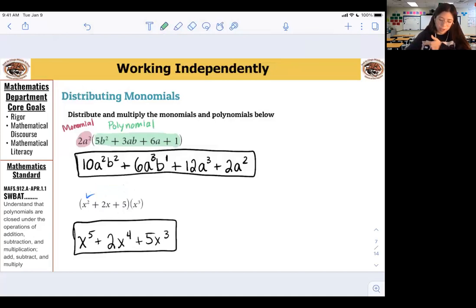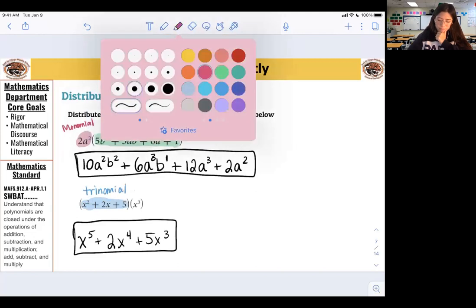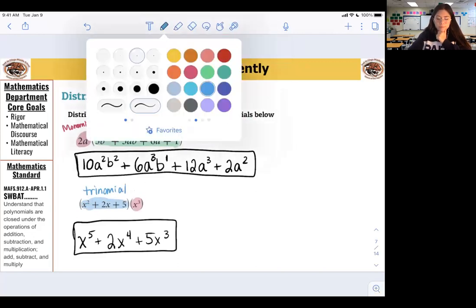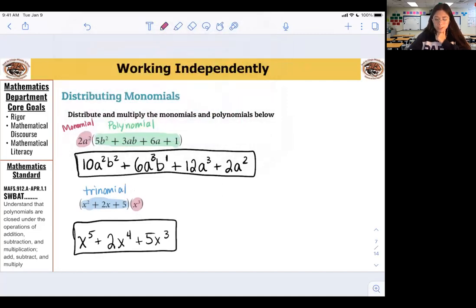How about over here? What's this one? Trinomial, times a, what's that one?